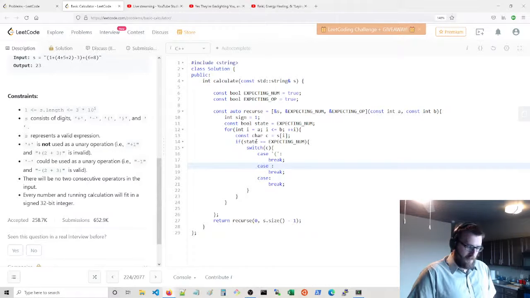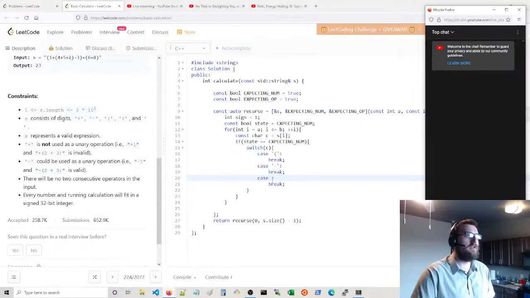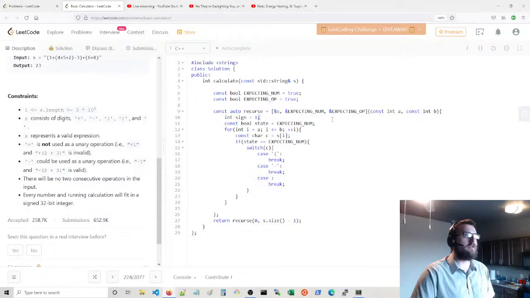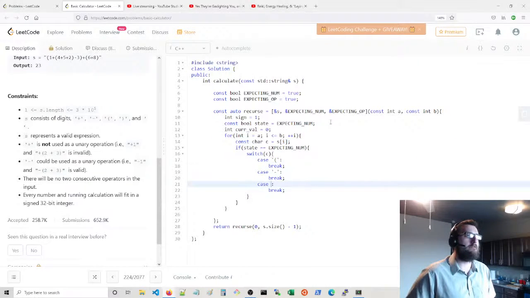Opening parentheses could be a unary negation, and it could also be a current val here. Start off at 0. And it could be opening parentheses, unary negation, and it could also be a digit. Oh, I didn't think about that.